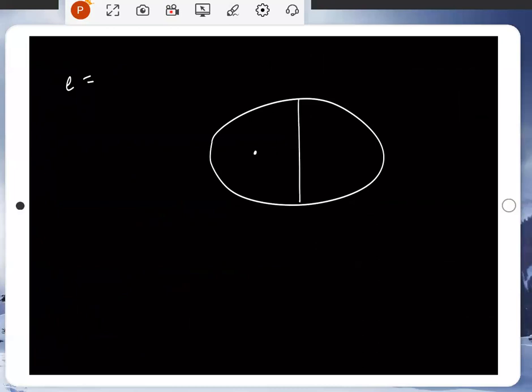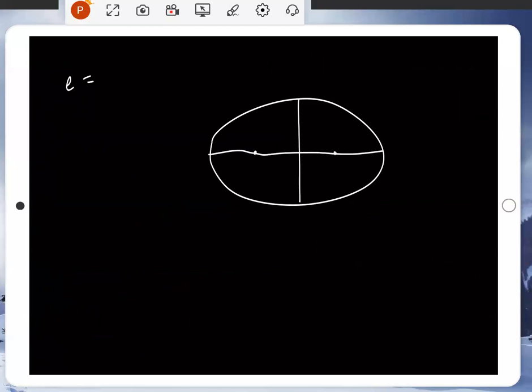Okay. So it's the distance, as it says there, the distance between foci. And remember, the foci are these points here, right? If this is my semi-minor axis, this is my semi-major axis, and the foci are somewhere around here.